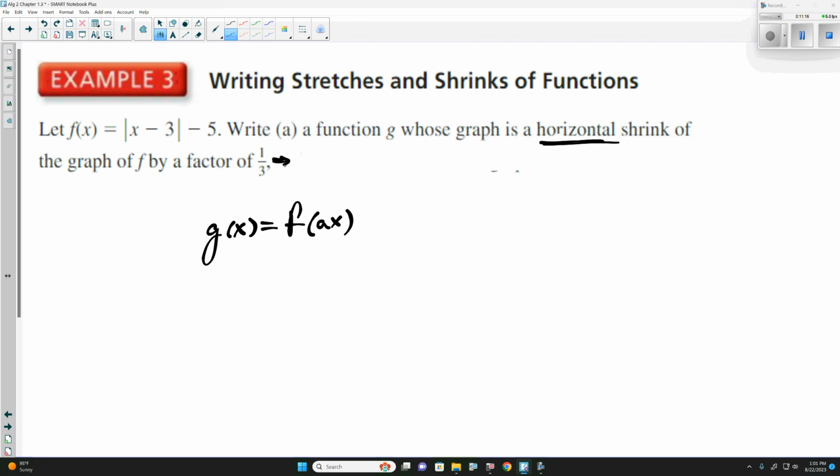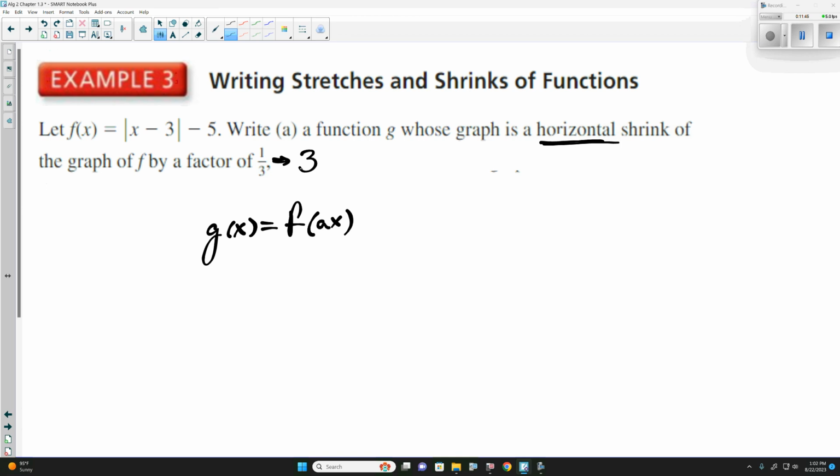Because it is a horizontal stretch or shrink, in this case a horizontal shrink, we can't just plug in 1/3 as a. Because with horizontal stretch and shrink we have to flip it. So 1/3 would become 3. So whatever the factor is with horizontal stretch and shrink, we have to flip it. We have to have its reciprocal for us to actually have the real amount. And this is the only one out of our transformations that we have to do this with.